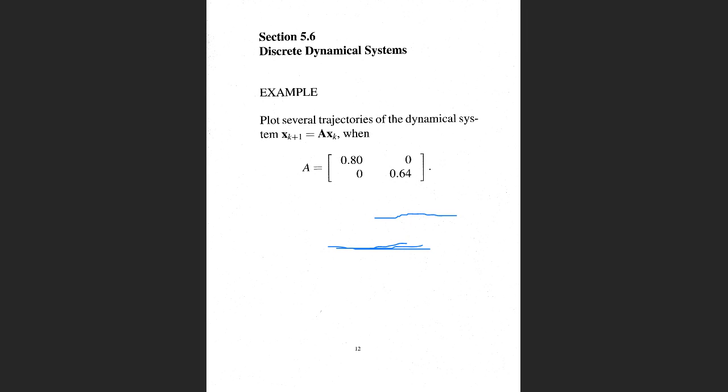Okay, so here we have a matrix A, and we want to plot some trajectories of the dynamical system. Okay, so what's the first thing we have to find?